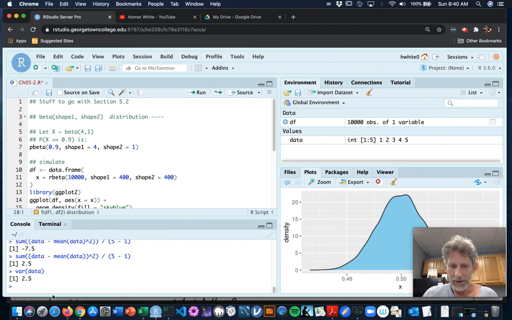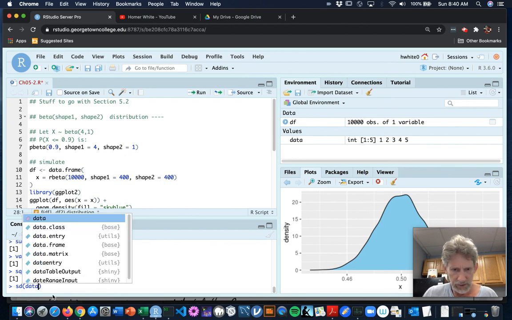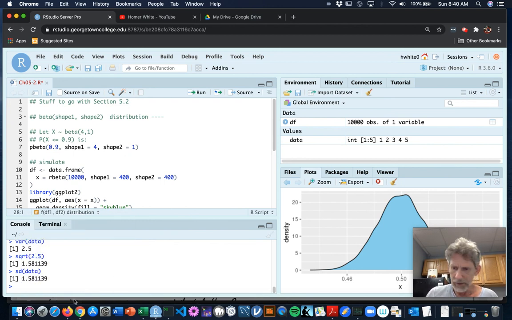By the way, the square root of the sample variance would be called the sample standard deviation. So the square root of 2.5, 1.58, and there's actually a function in R called SD, I think. Yes, it is. And if you do the SD of the data, you get the same thing. It's just taking the square root of variance for you.